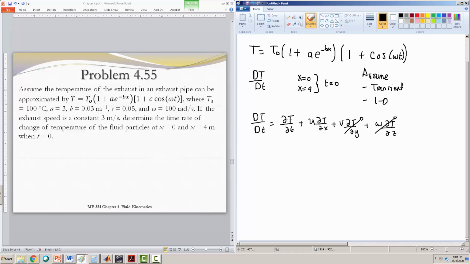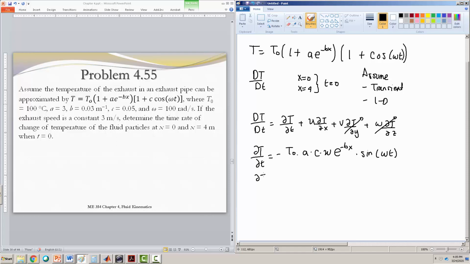And we're going to need the derivative with respect to time and the derivative with respect to x. If we take the derivative with respect to time, we find this to be negative T0 times A times C times omega e to the negative bx times sine of omega t.